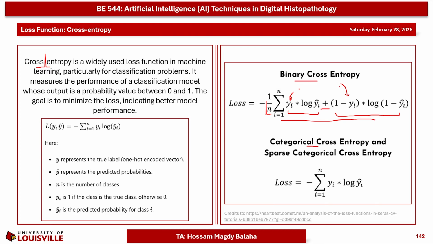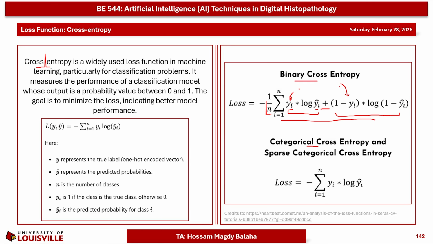So n here refers to the number of instances, i is the index, the summation refers to a loop over the instances, and y subscript i refers to the actual label, while y subscripted by i hat refers to the prediction.